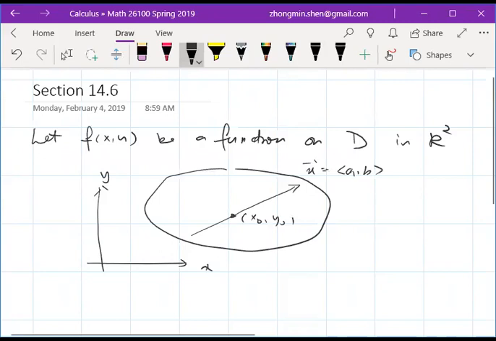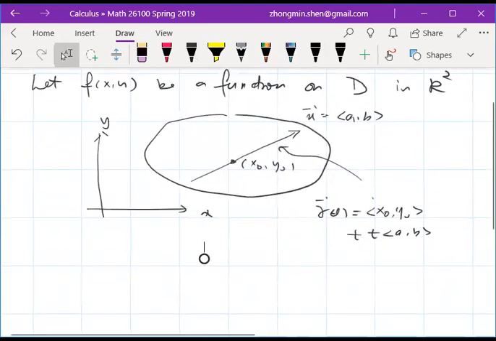So how do you describe this line? This line can be described as r of t equals (x naught, y naught) plus the direction times t. When t equals 0, that is the point.